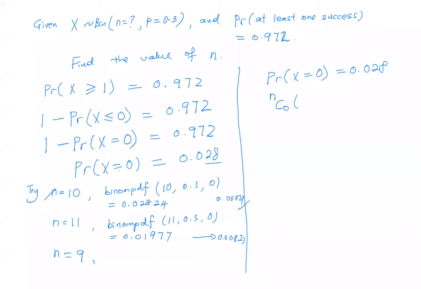What is my p? 0.3 to the power of 0, 0.7 to the power n minus 0. So equal to 0.028. What is nC0? If I have n objects, I ask you to choose none. No way is a way. So the answer is 1. 0.3 to the power of 0 is 1.